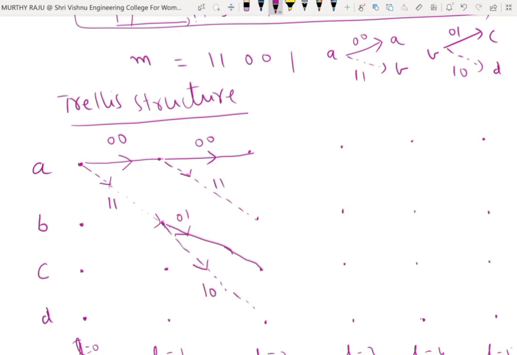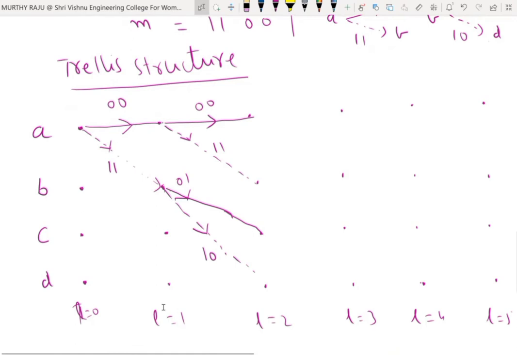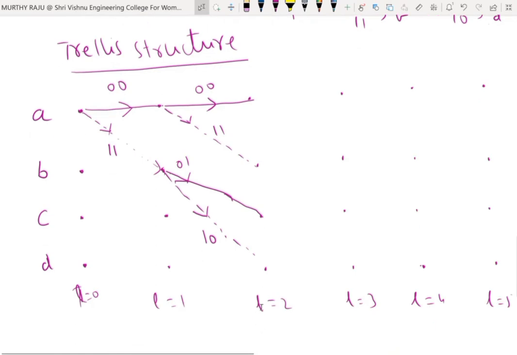Output is 1, 0. At level 2, the possible states are A, B, C, D. Here at level 1, only A, B are considered. At level L is equal to 0, only starting state is considered. From this, C and D also consider.